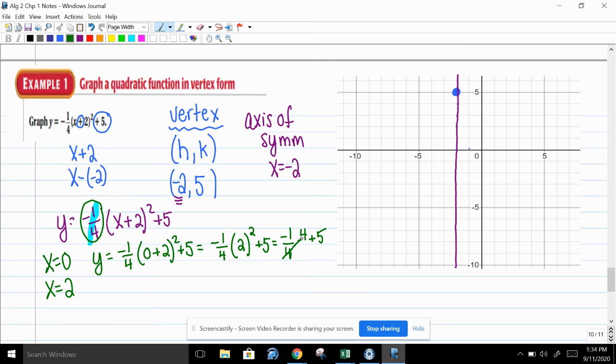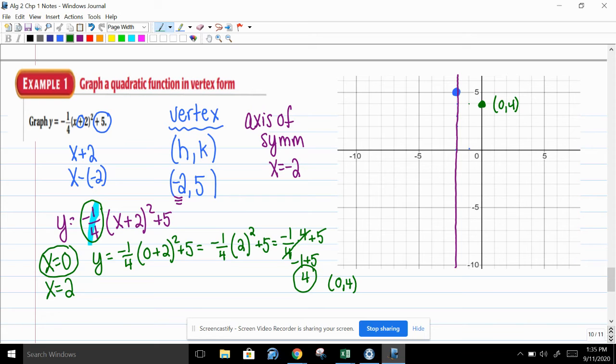These 4s would then cancel out, leaving me with negative 1 plus 5, which is a positive 4. So what that means, guys, is the point 0, 4 is on my graph. 0, 1, 2, 3, 4, right there. And then I can flip that point.